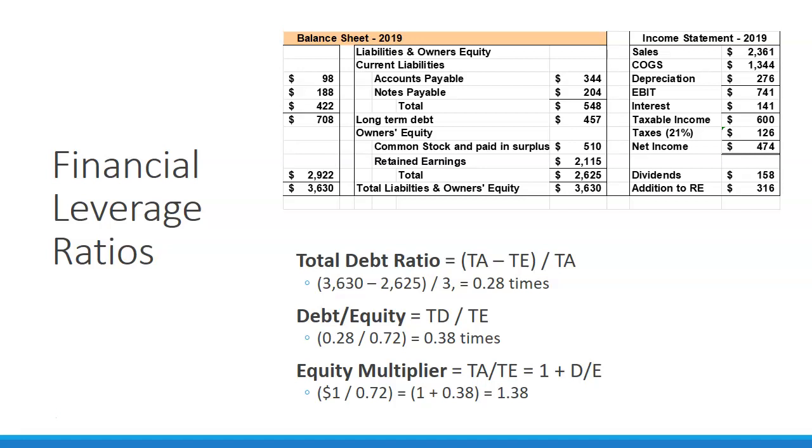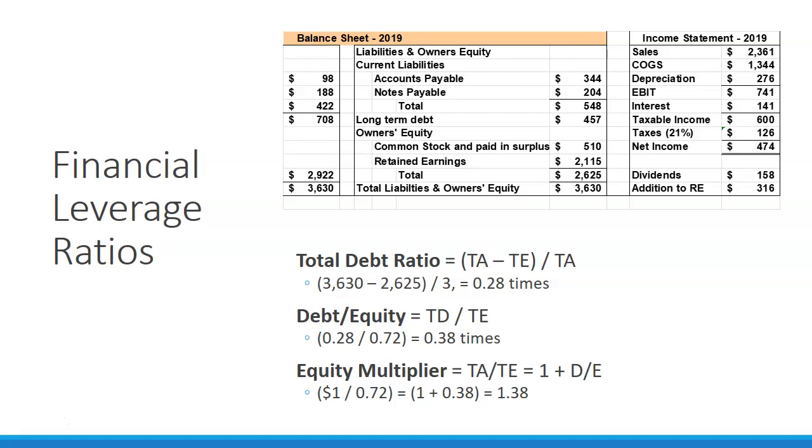So we start with our total debt ratio. The total debt ratio is total assets minus total equity divided by total assets. Or we know, because of the balance sheet equation, that total assets minus total equity equals total liabilities.